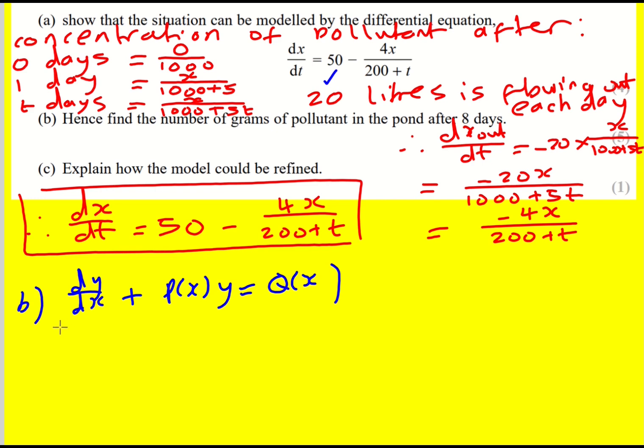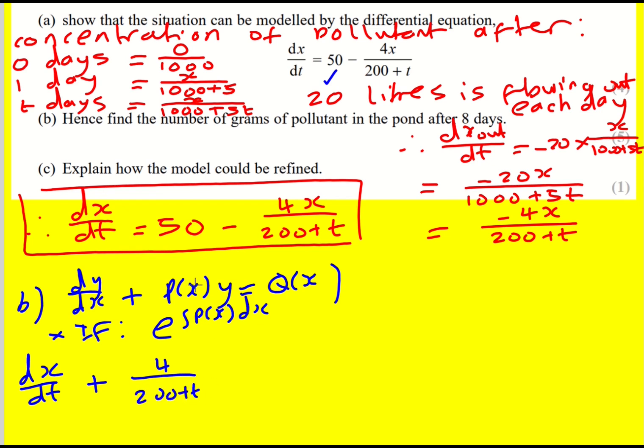And what we do to deal with this is multiply by an integrating factor, which is e to the integral of p(x). That will allow us to absorb the two left-hand terms into a single derivative. So let's get it in that form in our case: dx by dt plus 4 over 200 plus t, that's my equivalent of p(x), multiplied by x is equal to 50.